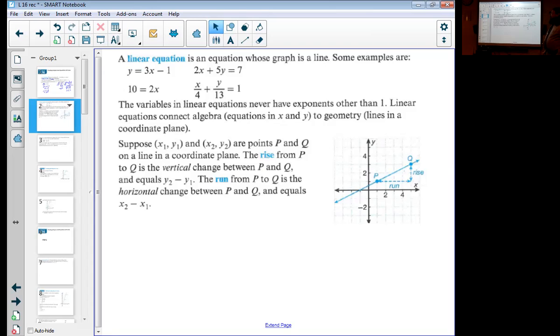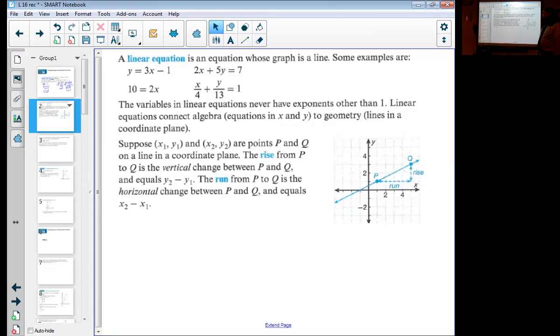Linear equations connect algebra equations in x and y to geometry, lines in a coordinate plane. So we can see this is a line in a coordinate plane. Suppose (x1, y1) and (x2, y2) are points P and Q on the line in a coordinate plane. The rise from P to Q is the vertical change between P and Q and equals y2 minus y1.